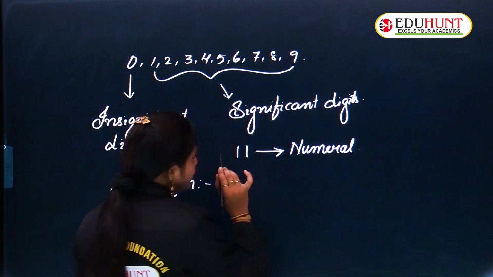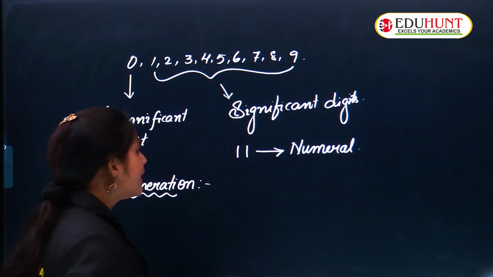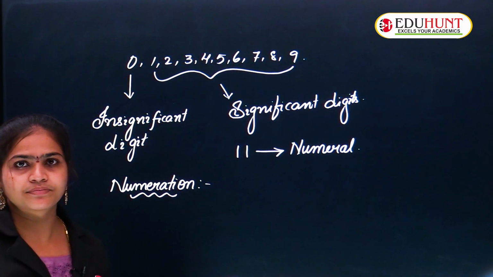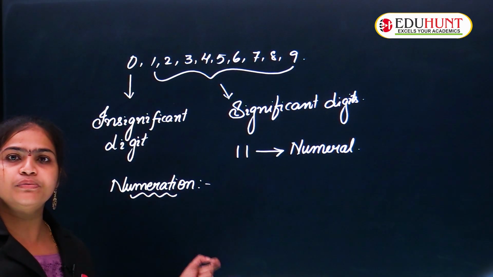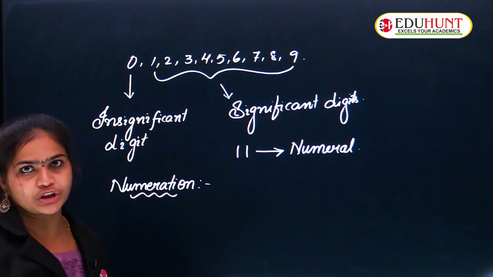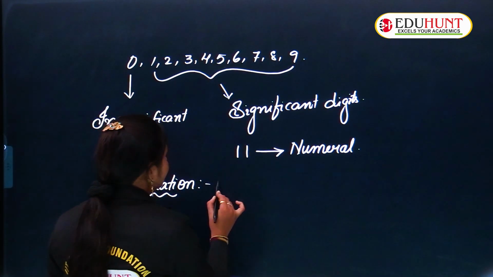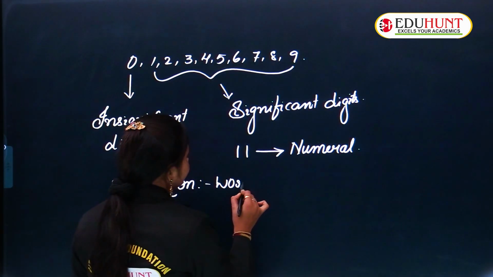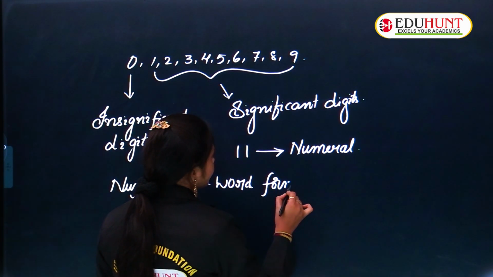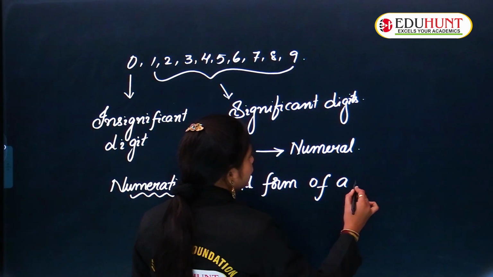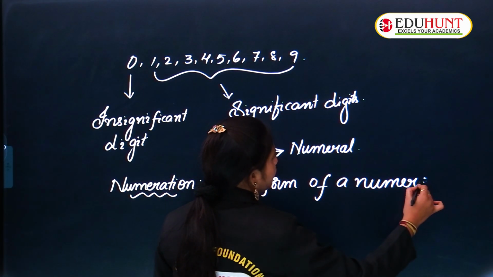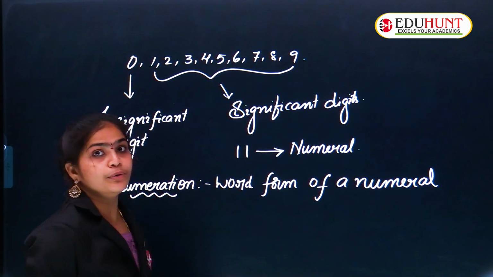These three names are related to number only, no? Now the number which we can write in words, in word form, that is called numeration. Word form of a numeral is called numeration.